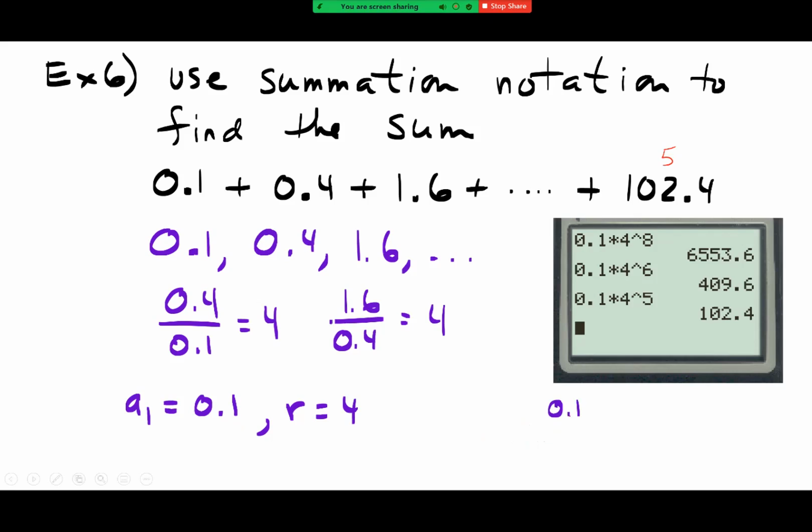So here's what I got. If this is true, is that true? This guy here, if it gets me to 102.4, what I want for my formula is not an n. What I want is an n minus 1. We good? So 0.44 is n minus 1.